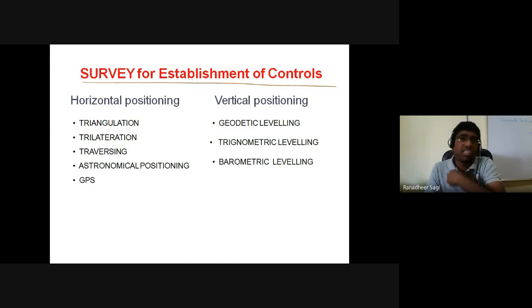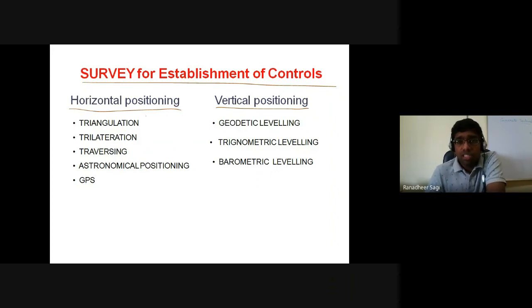It could be triangulation, it could be traversing, it could be anything else. The ultimate objective is to prepare a proper control network. Now that control network is either for defining the position of various salient features in the horizontal plane, which we call horizontal control, or for identifying the position of various things in the vertical plane, which is what we call vertical control.